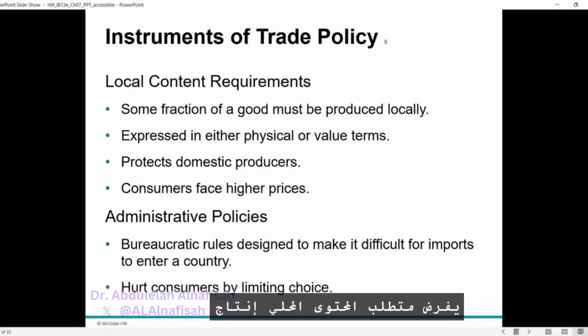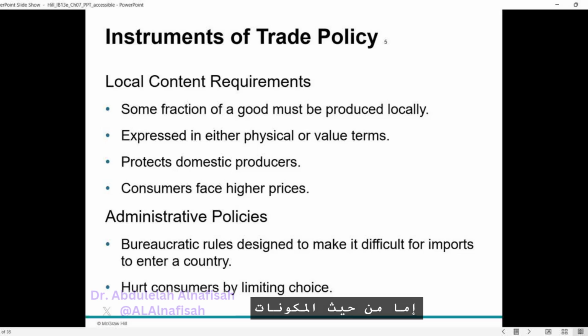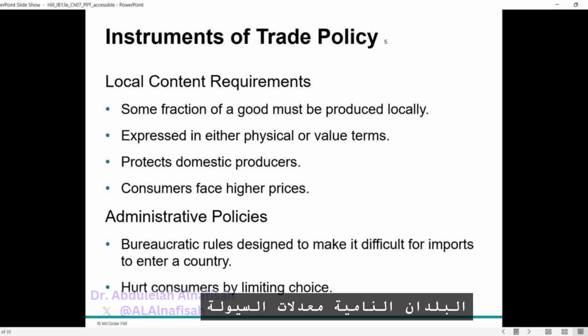A local content requirement, LCR, mandates that a specific portion of a product be produced domestically, either by components or by value. Developing countries often use LCRs to promote local manufacturing, while developed countries use them to protect local jobs and industries from foreign competition.